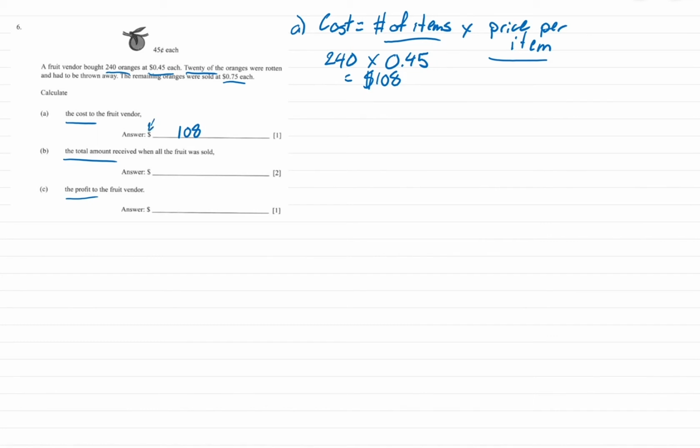So part B is asking us, what's the total amount received once the fruit was sold? If we're looking at the total amount received, we're looking at how much money we made. That's basically what they're asking us here.